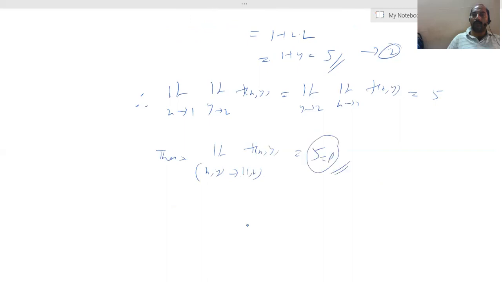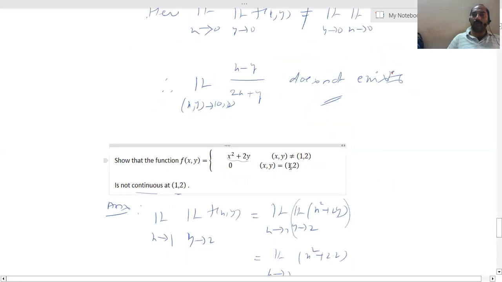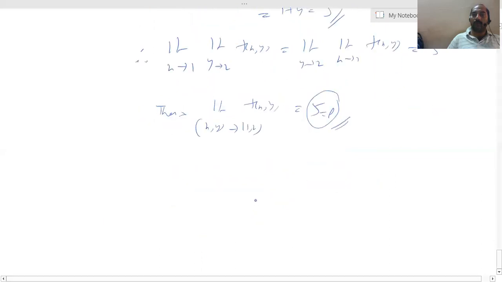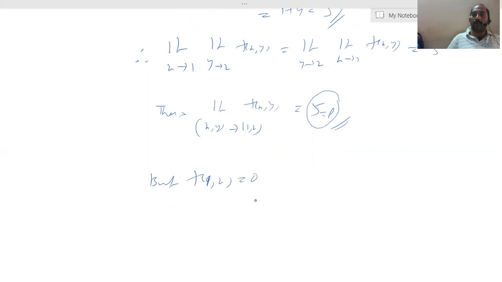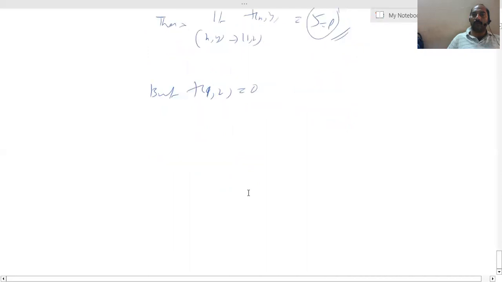Observe the function value. What is the function value at 1 comma 2? At 1 comma 2, the function value f of 1 comma 2 is 0. Here the L value is 5. Therefore, these two are different. Therefore, the limit exists but the function is not continuous.